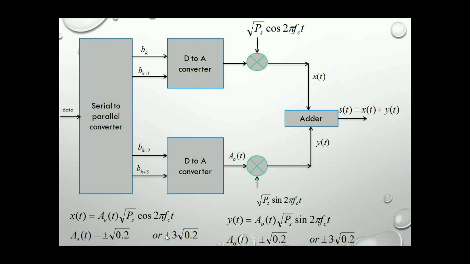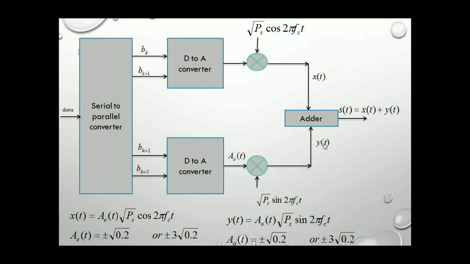square root of 0.2 or plus or minus 3 times square root of 0.2, whereas BK plus 2 and BK plus 3 are given to another D to A converter to generate A0 of t, which is multiplied with square root of Ps sin 2 pi FCT in order to generate Y of t, such that Y of t will be equal to A0 of t square root of Ps sin 2 pi FCT.